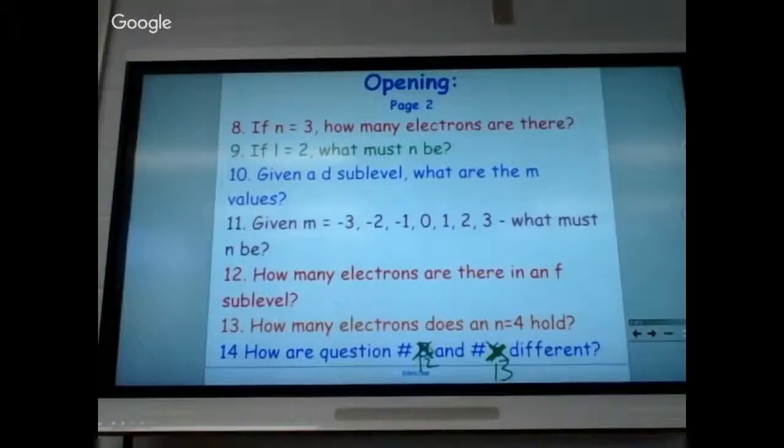What's the L value if you start at 3 and end at 3? L is 3. Correct.